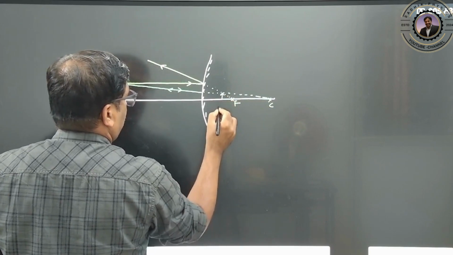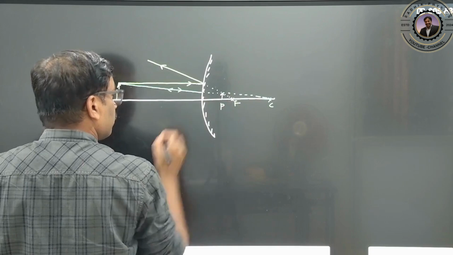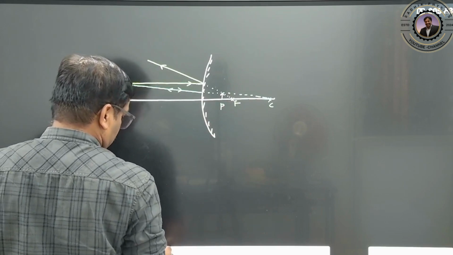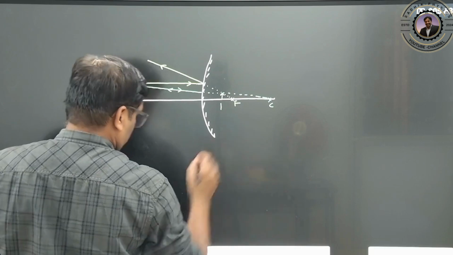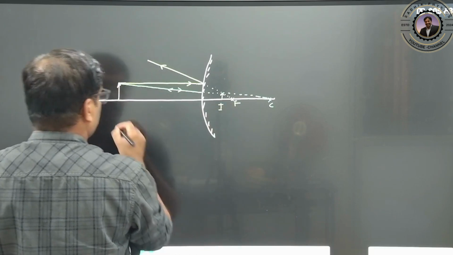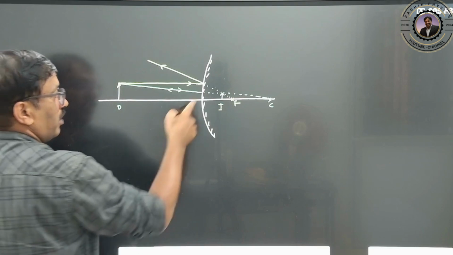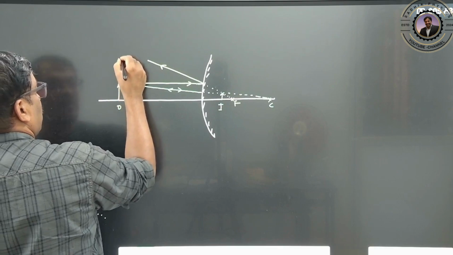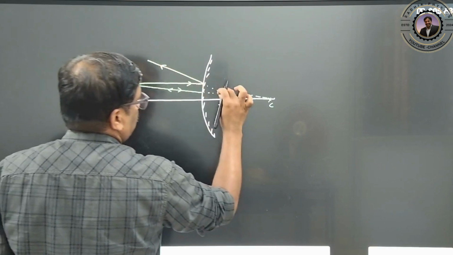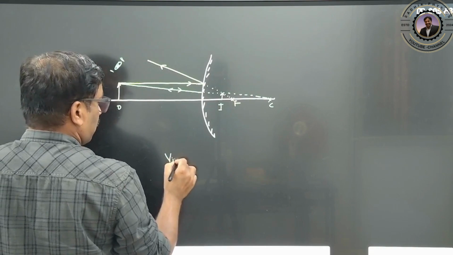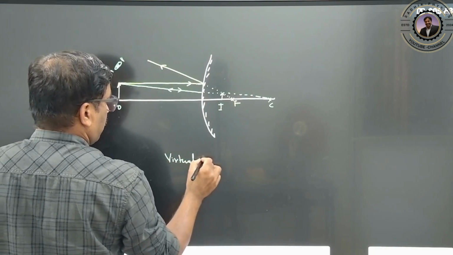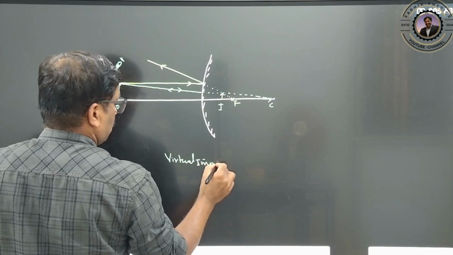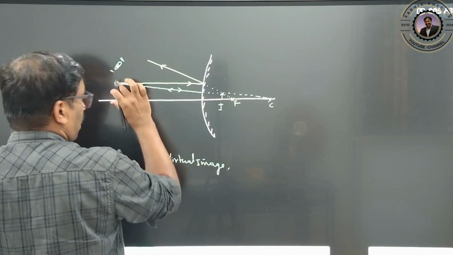This is the image, this is the object. How is the image? These light rays fall on your eyes and appear to be coming from here, so this is a virtual image.